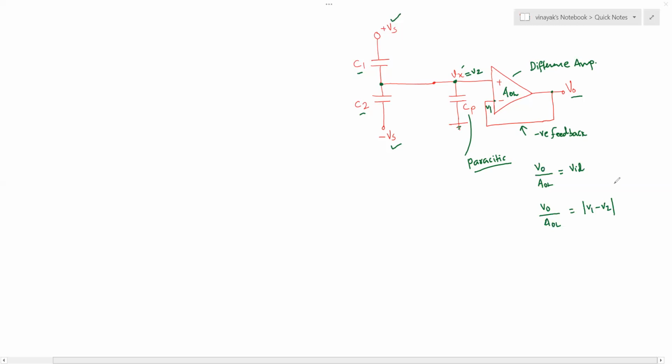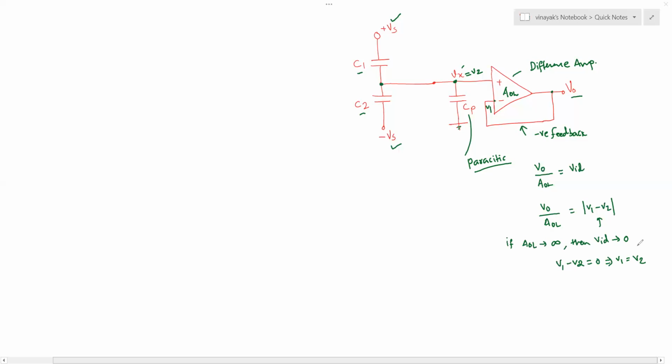The difference could be positive or negative in nature, that's why I have taken the mod or absolute value of it. Now it means if gain tends to infinity, VID, which is the difference between the two inputs, tends to 0. And that means V1 minus V2 is equal to 0. That means V1 is at the same potential as V2.